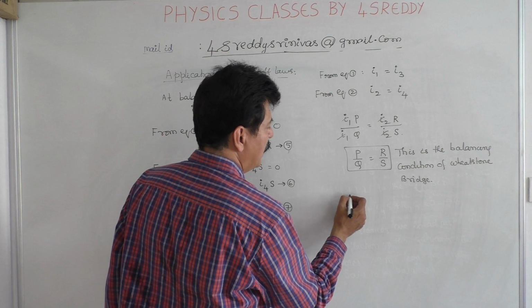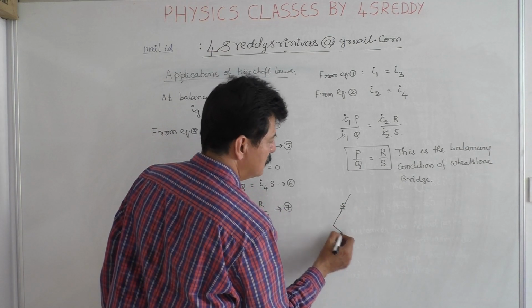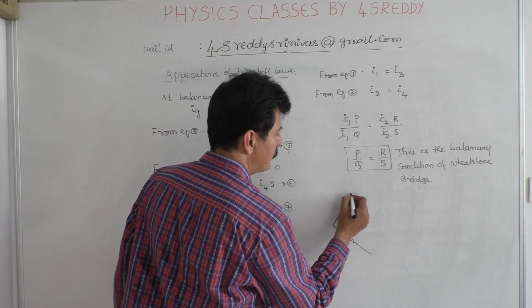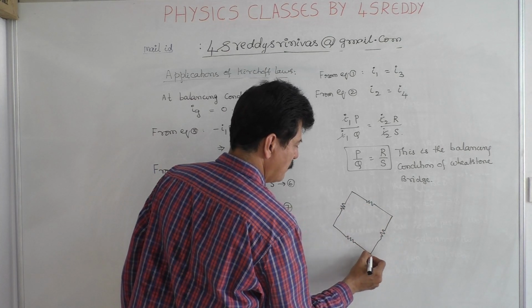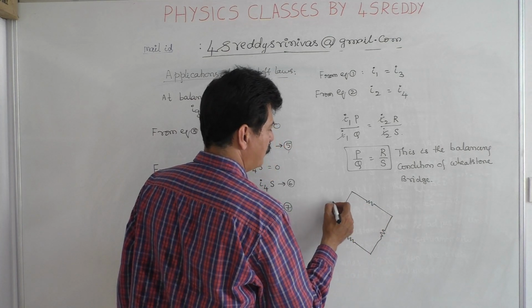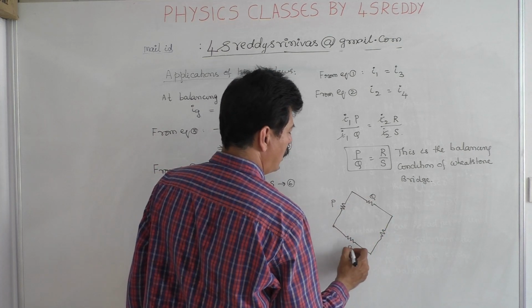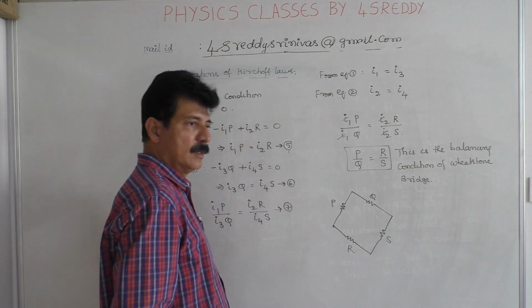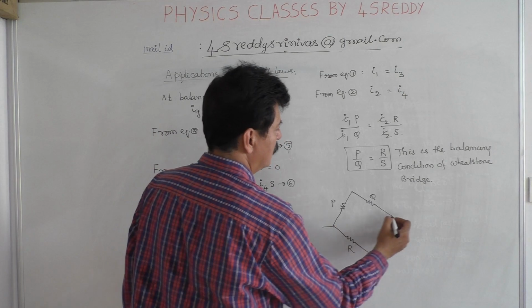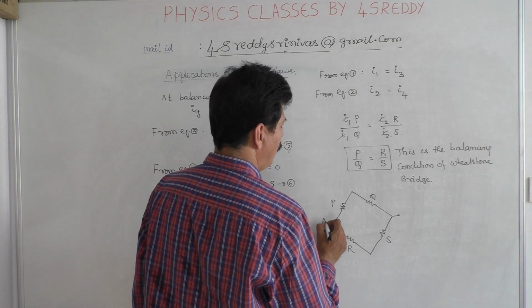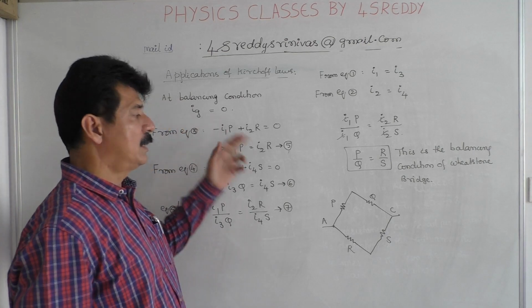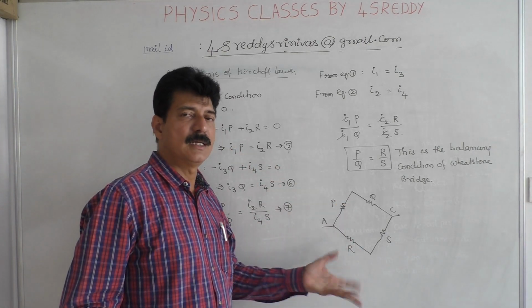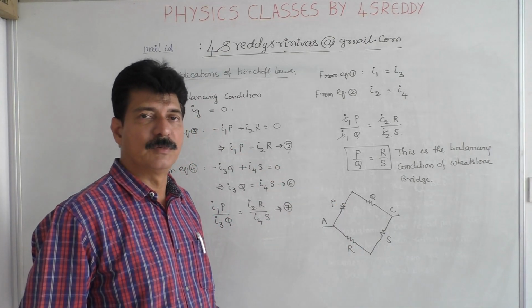Now, in that condition, if you consider this P, Q, R and S, then the equivalent resistance between A and C. Here, when no current flows through the galvanometer, the central part of the circuit can be removed.